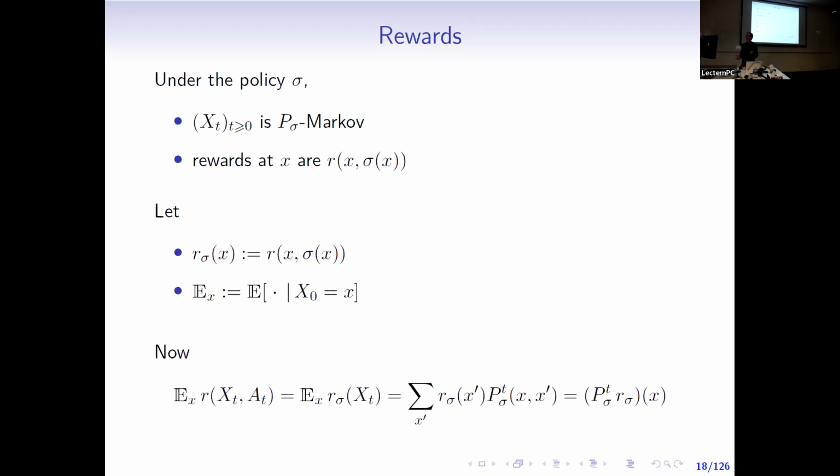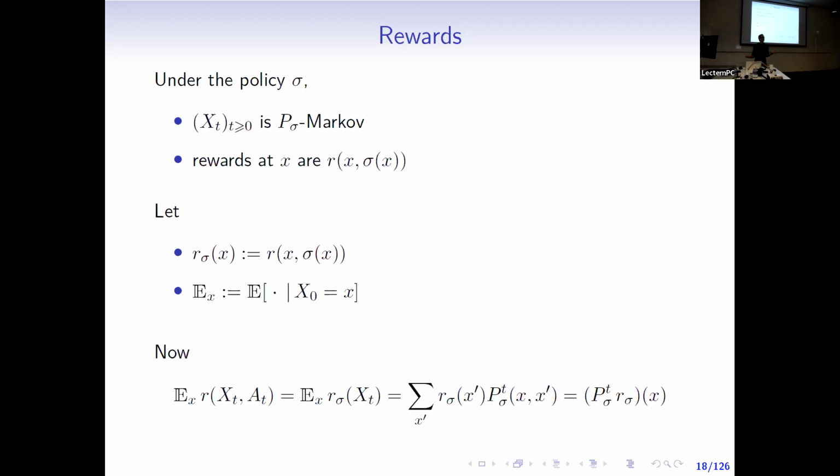Well, when I first saw dynamic programming, I was so confused. Like, the state is a random variable, and then what is this expectation? What distribution are we taking expectations with respect to? What are we integrating with respect to? But this is basically neat. If I take expectations here, this is just the expectation under this particular policy of R sub sigma of X, and I'm just taking expectations from a Markov chain.